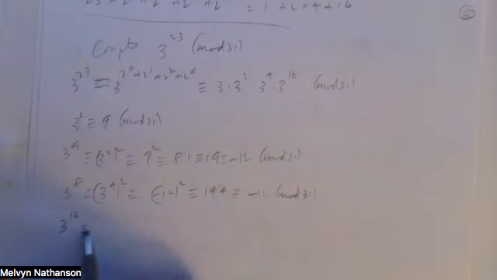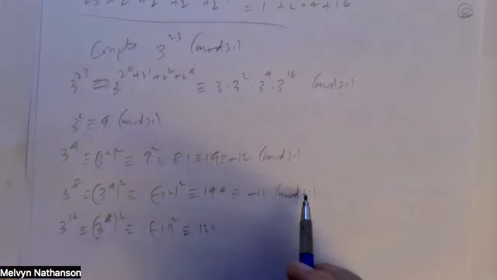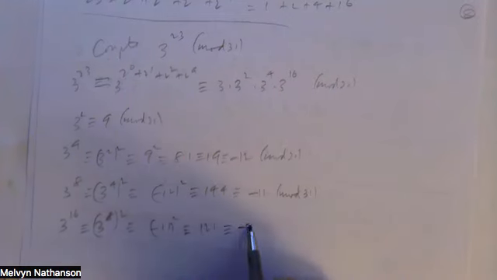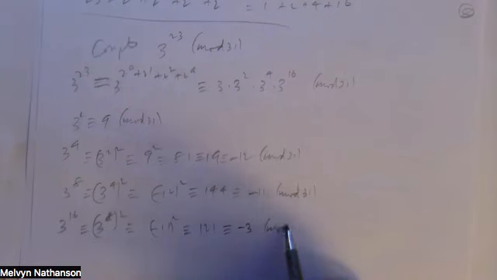And 3 to the 16 is 3 to the 8th squared, which is minus 11 squared, which is 121. 4 times 31 is 124. So this is the same as minus 3 mod 31.